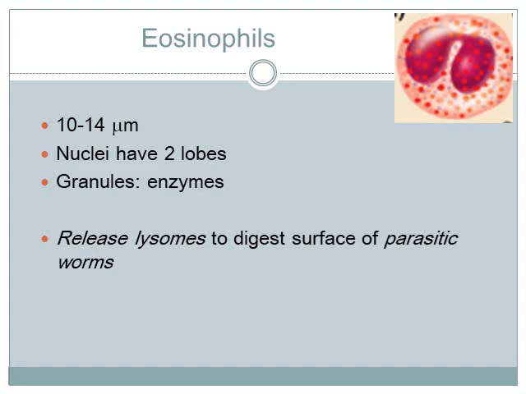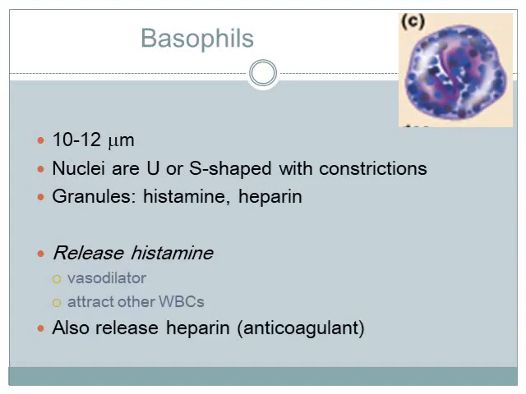Basophils are another small-number white blood cell, and these are heavily associated with the histamine response. They release histamine, and they also release heparin when they're drawn to an area.